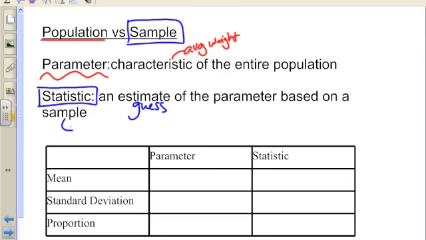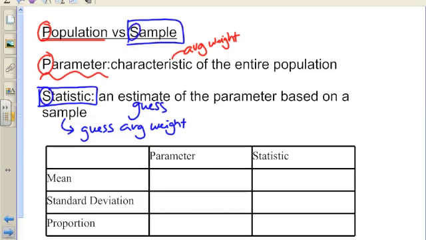Instead, I might sample a few dolphins and get my guess for the average weight of a dolphin. All right, so that's the difference. I remember that population goes with parameter because they both start with P. And I remember that sample goes with statistic because they both start with S.